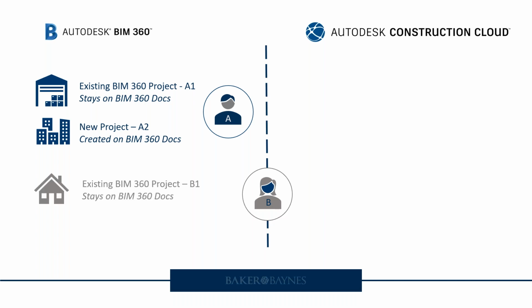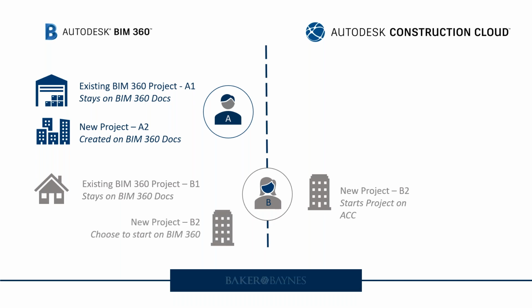So again, her project that is on BIM 360 already stays on BIM 360, continues on BIM 360, no problem. But she also has this new project. Now, because she has an AEC collection with Autodesk Docs, which is under the Construction Cloud, she has an option. She can start her new project on ACC, or Autodesk Construction Cloud, or she can choose to start her project on BIM 360. So she has an option to go either the new or the old.